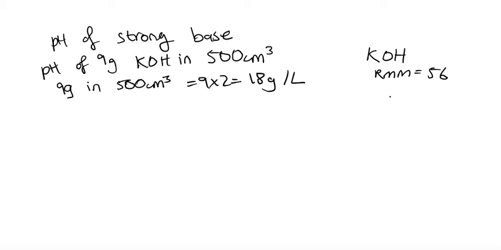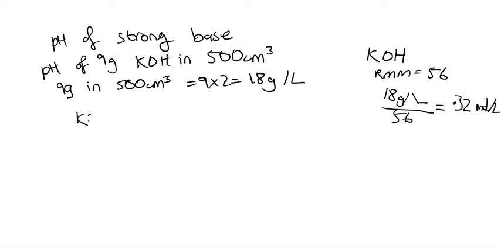So if we want to go from 18 grams per litre, divided by 56, that's the RMM, which will give us 0.32 moles per litre.